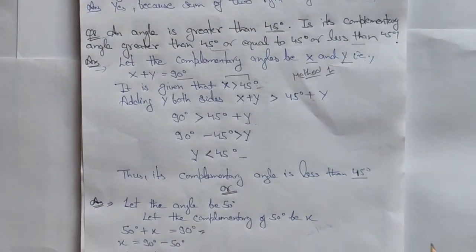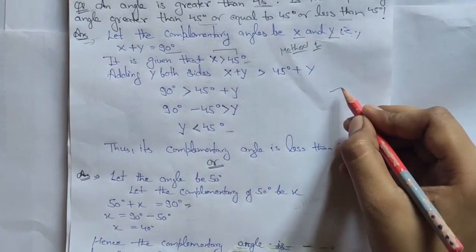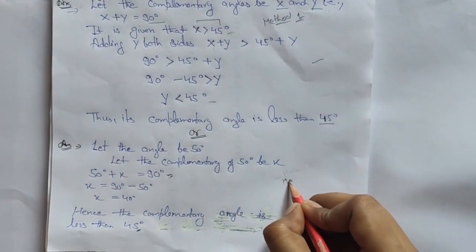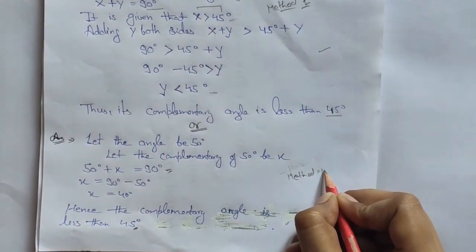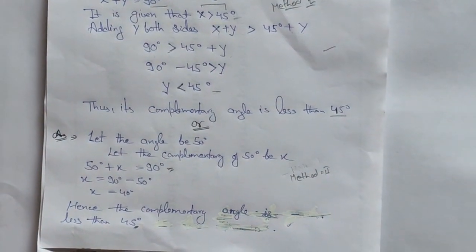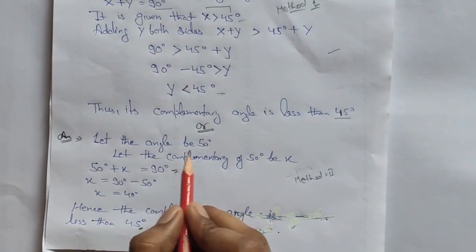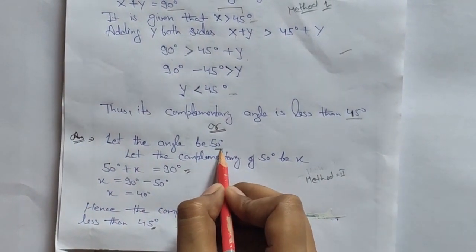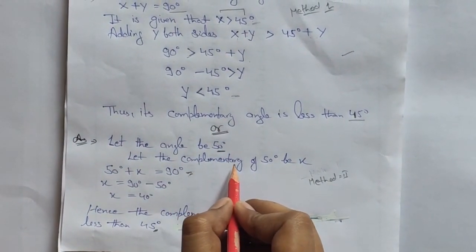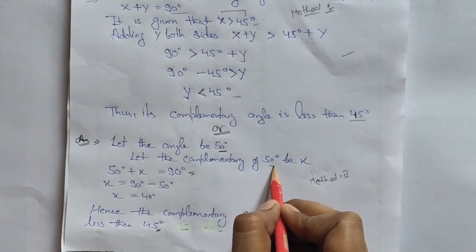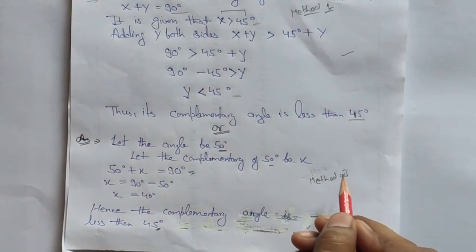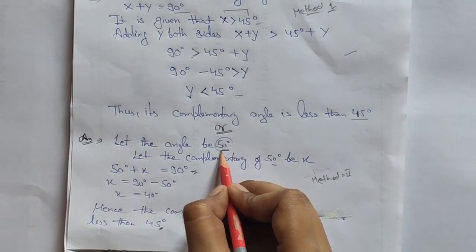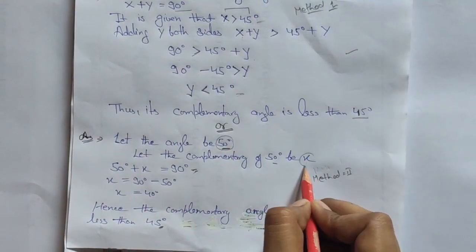So this is the first method and this is the second method. Here I am taking one angle as 50 degree. So let the angle be 50 degree and let the complementary of 50 degree be x. So the first angle is 50 and another is x.